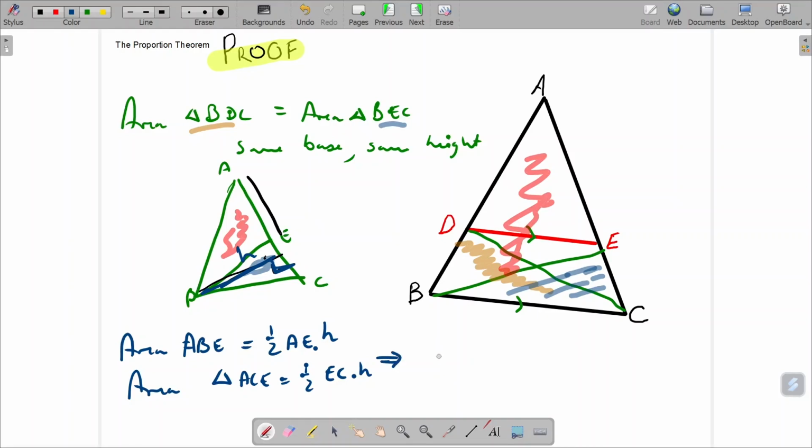This leads to the idea that the area of triangle ABE divided by the area of triangle ACE, well, if we wrote it as a half AE times H and a half EC times H. Sorry about that glitch.